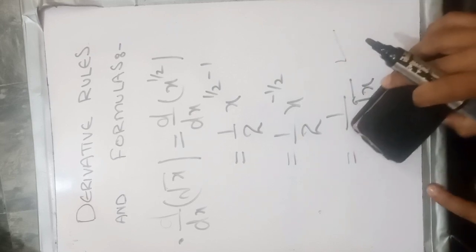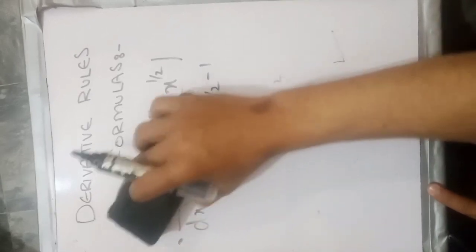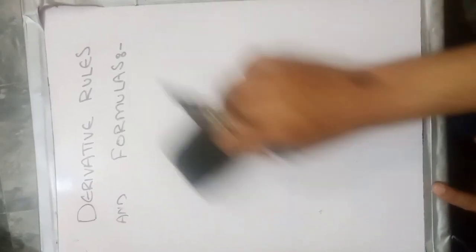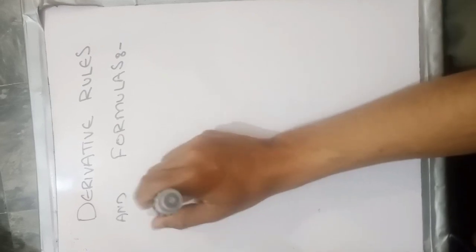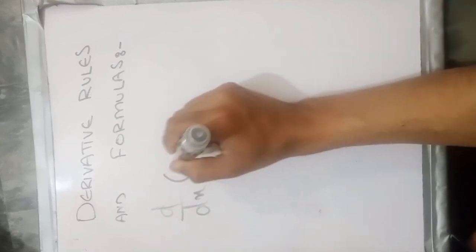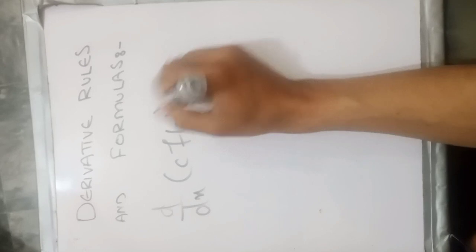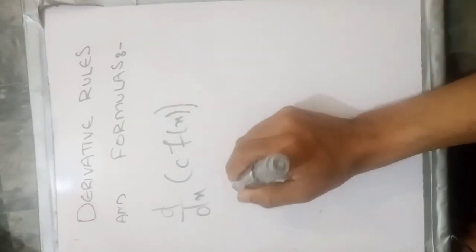Now we want to discuss what happens if a constant is multiplied with a function. How do we differentiate it?